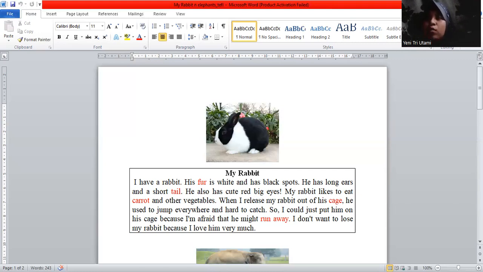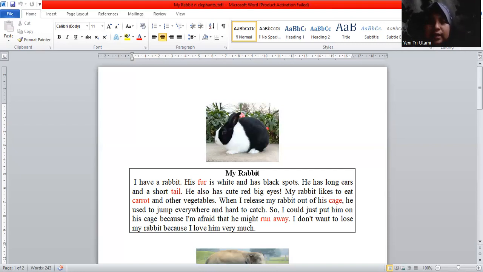And then I want you to analyze the structure, the language features, and the new vocabulary that you found in the text provided. You need to write down the vocabulary that you found, and I want you to find the meaning or the synonym of the new vocabulary that you found in the text provided.